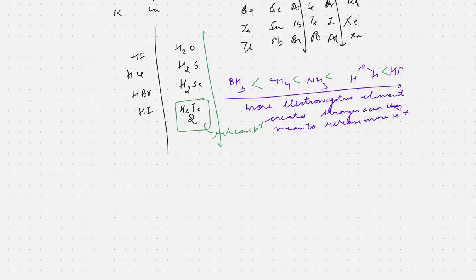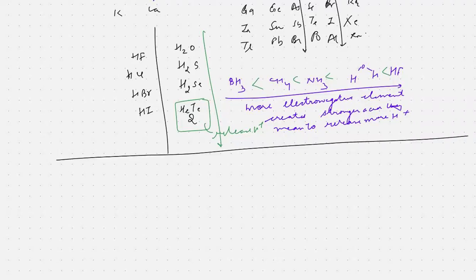Let me explain. Because bond length changes in this direction, obviously if we're going down, then we consider bond length. That makes sense.